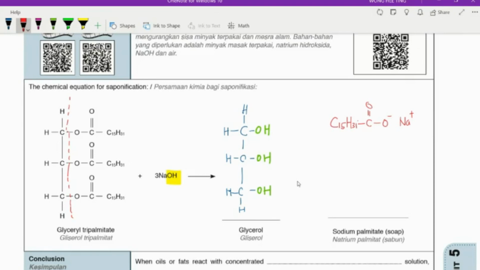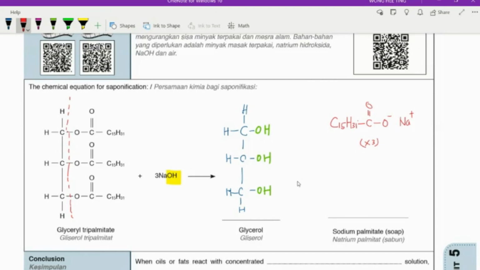So draw times 3, times 3. So this is a sodium palmitate. Okay, all correct? Correct or not, class?